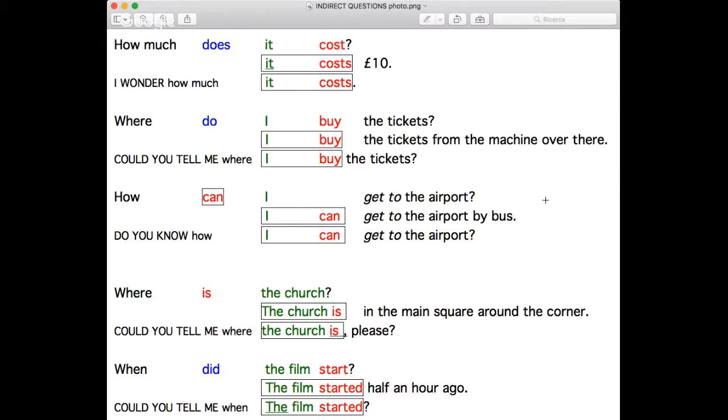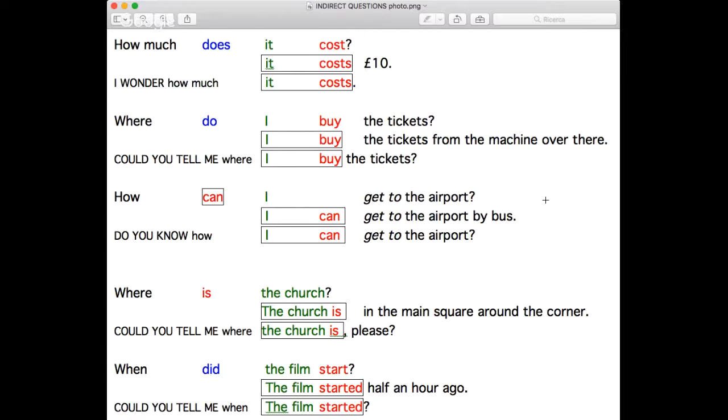I would like to point out, though, that it's very important to remember that you have to respect the format of the affirmative sentence. So in how much does it cost, we have does it cost. As soon as you make it into an affirmative, you're adding the S to the verb and you're saying it costs.